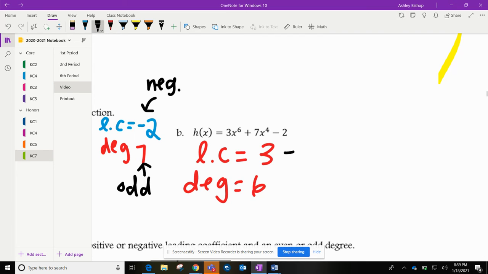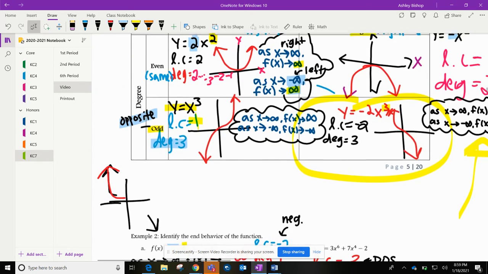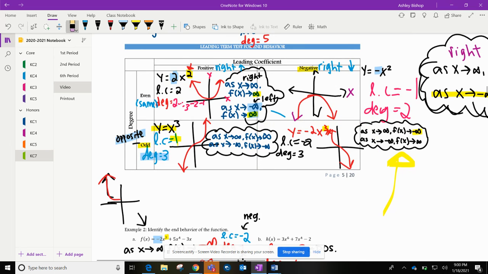My leading coefficient being 3, I want to know if that's positive or negative, and that's positive. 6 is even. That's what I want to know about my degree. If I have a positive leading coefficient and an even degree, let's go find that one on my chart. Positive leading coefficient and an even degree means my answer is going to be coming from this top left-hand box.